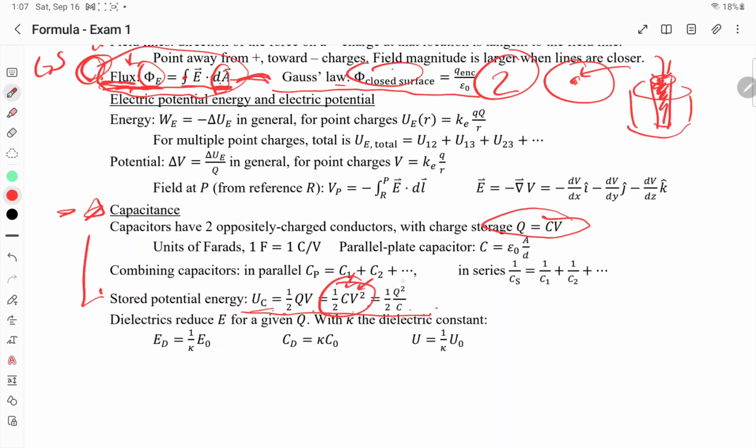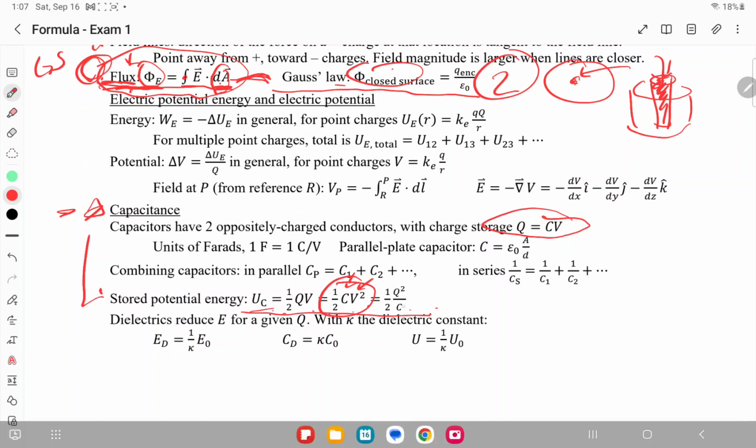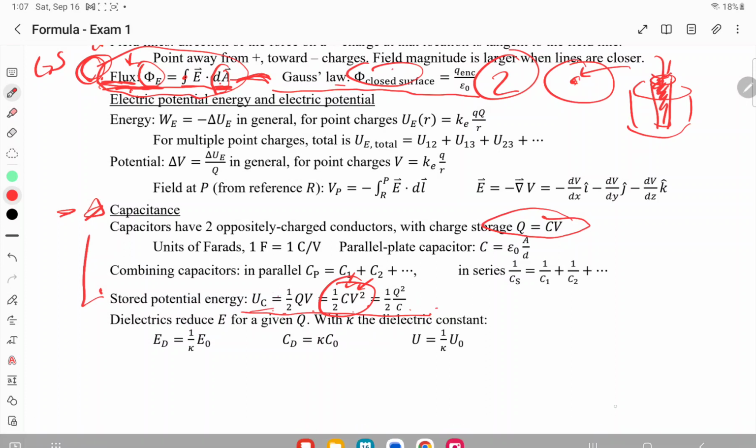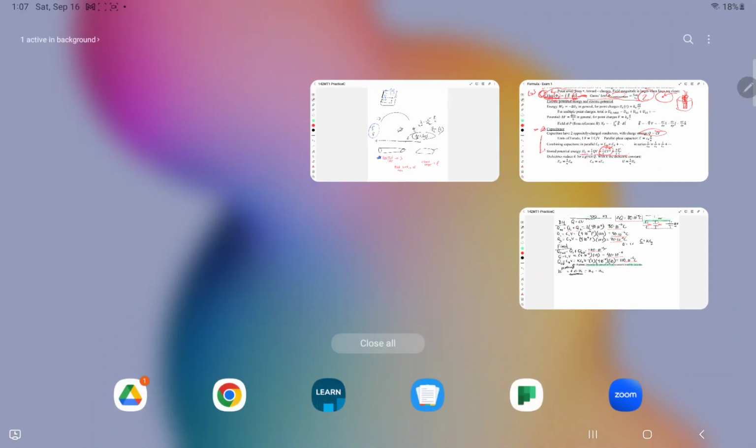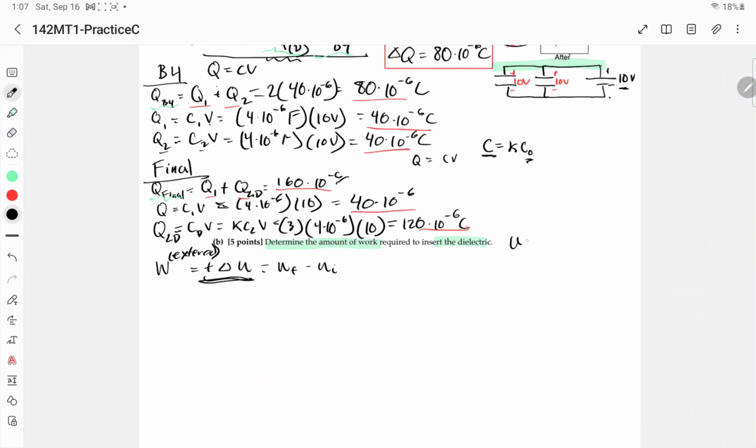If I made a mistake and identified Q wrong in the first part, then this would make this part wrong. That's why I just lean to this. But really, you won't get that many points off if your Q is wrong from A. So in the end, you can use either or. It's really up to what makes you more comfortable. So let's use that equation where we know U is equal to 1/2 CV squared.